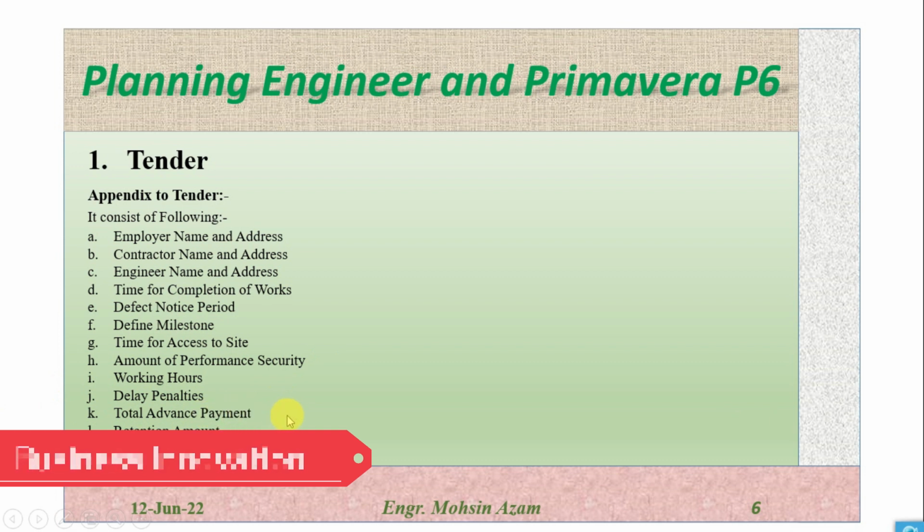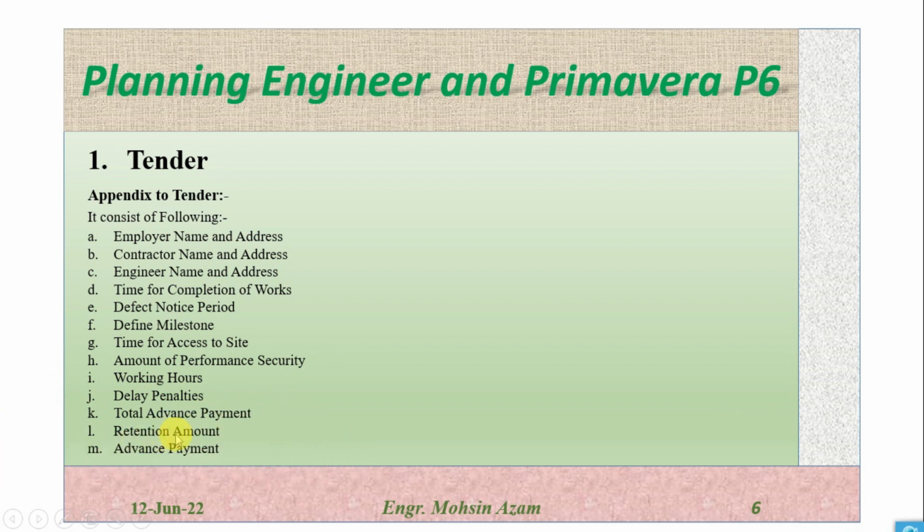Total advance payment, how much will be the advance payment. Retention amount, how much the client will retain after completion of the project. This is actually for the liability, defect liability period. They will retain this remaining portion, which is usually 10%, and make the final settlement to the contractor after the defect liability period.